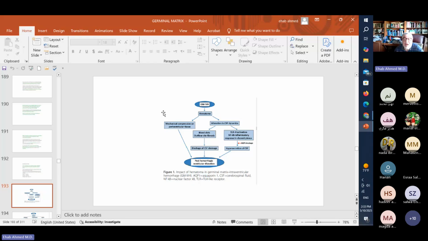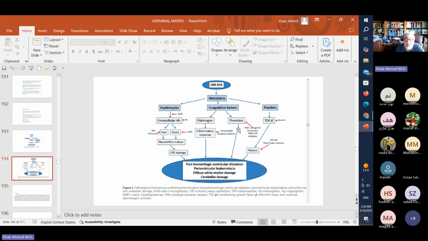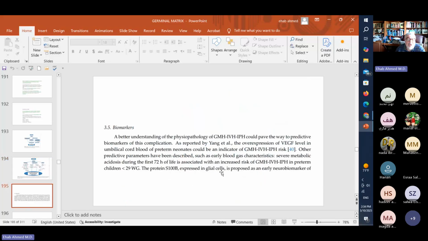And this diagram shows the different multifactorial issues that lead to complications. As we said, it's a combination of inflammation, hemolysis of red cells, immunological response, hypoxia, ischemia, decreased cerebral blood flow, and the end result will be post-hemorrhagic ventricular dilatation or associated PVL, which is not a complication of GM-IVH. Even cerebellar damage could happen.